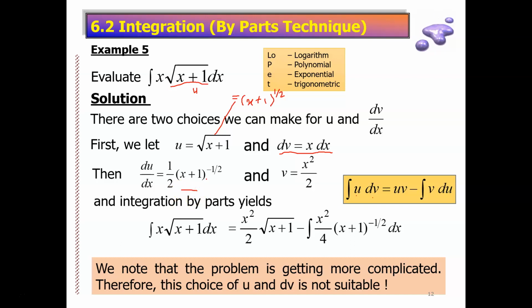And then how about this? You have dv. When you have dv, you're going to find the v itself. So how do we find v from dv? This is the differentiated form, so we go back, because we want to find v only. We're going to integrate it. So we integrate dv, and you will get v. The integration of dv equals the integration of x dx.